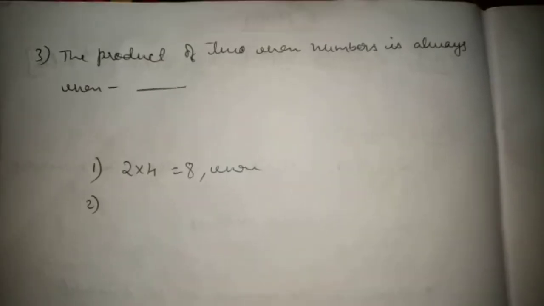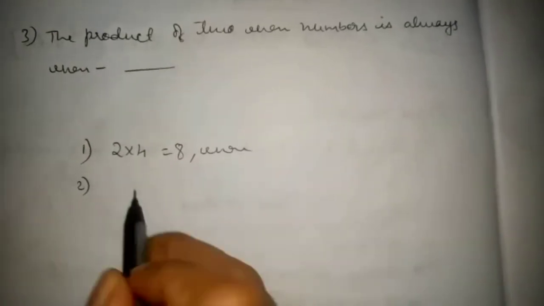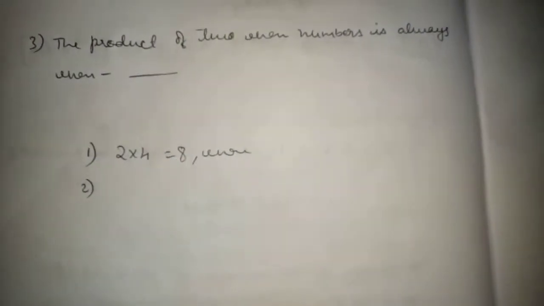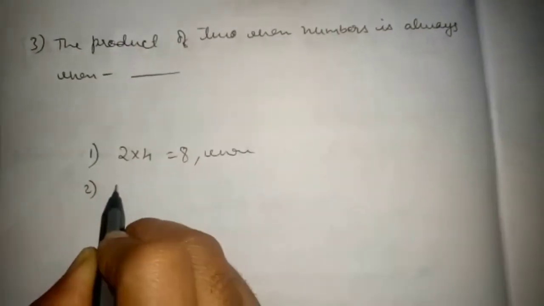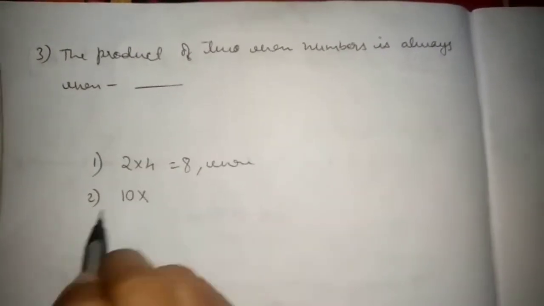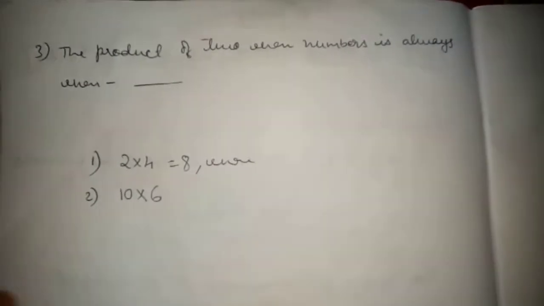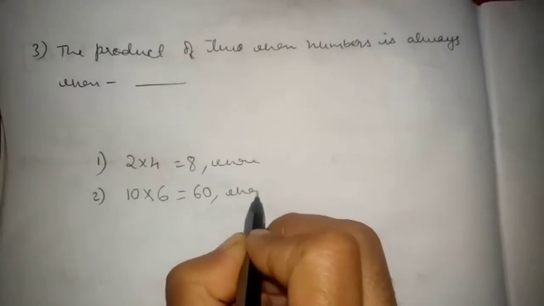In this third question, we will also do 2-3 examples to get the answer. 2 and 4 are even numbers, and we have done it: 8, even. Then let me take 10 and 6. 10 and 6 are even numbers, right? 10 6s are 60. 60 is also an even number.